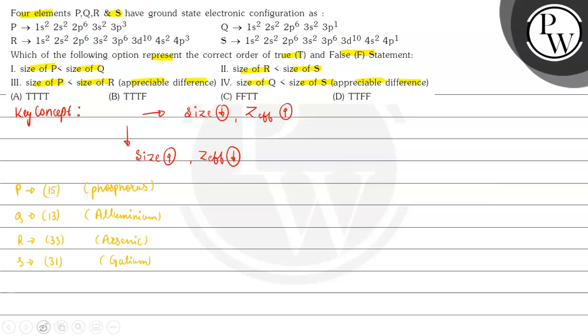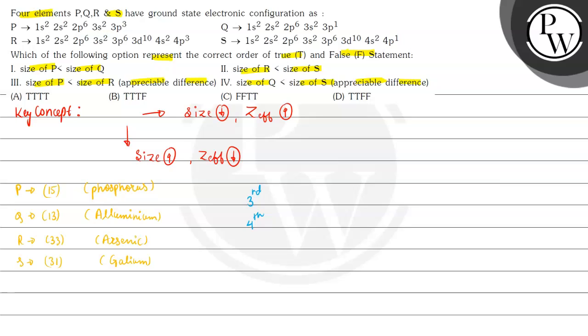Now we will arrange these according to periods and groups. P and Q, that is phosphorus and aluminium, belong to the third period, and arsenic and gallium belong to the fourth period.